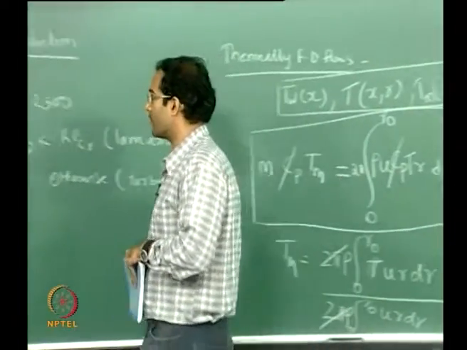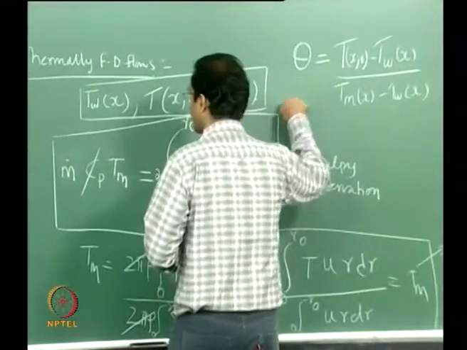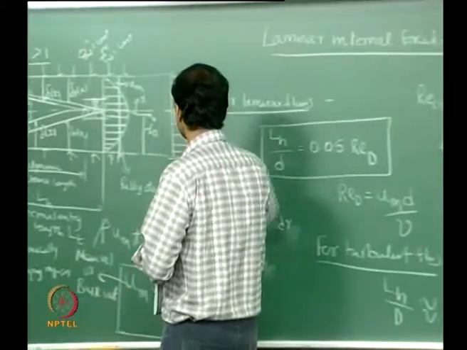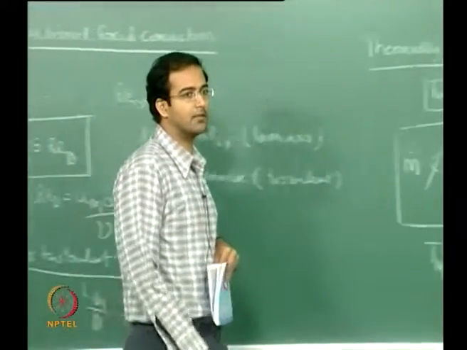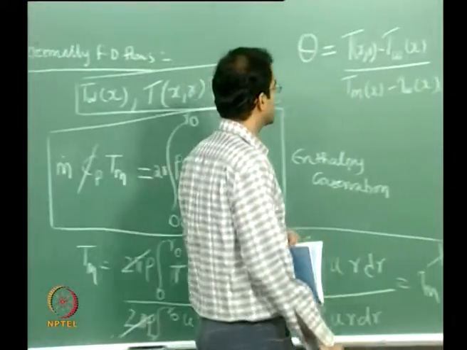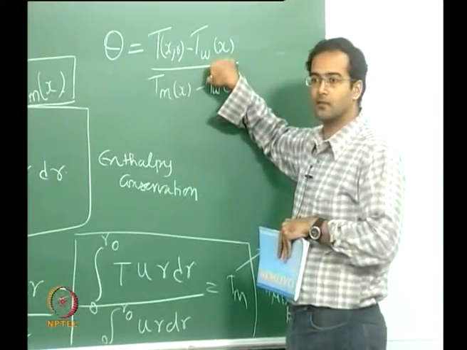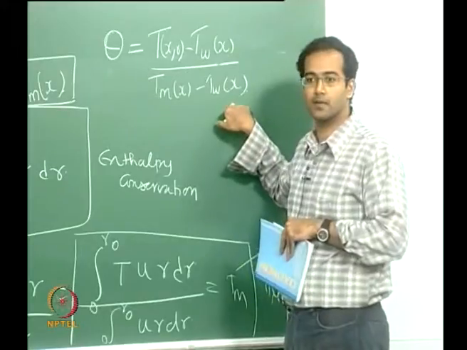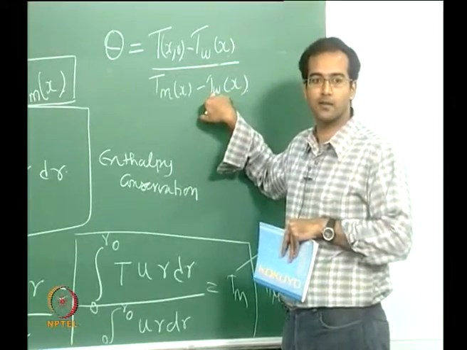Okay. So once you define a non-dimensional temperature profile like this, now we can look at a region where this non-dimensional temperature profile is invariant of x, because in that region your T minus T wall will be a particular function of x, and Tm minus T wall will be a particular function of x, such that the numerator and denominator vary in the same way.